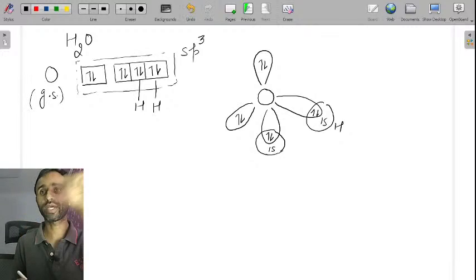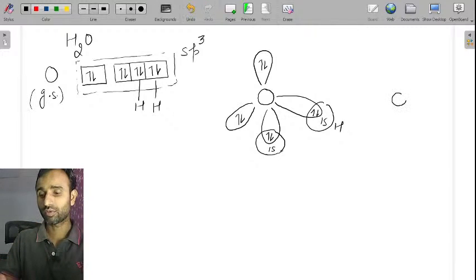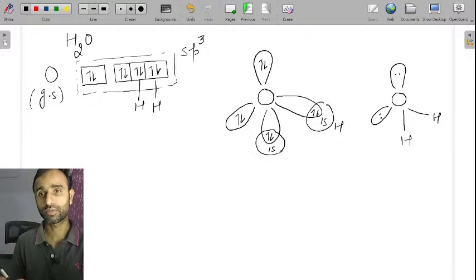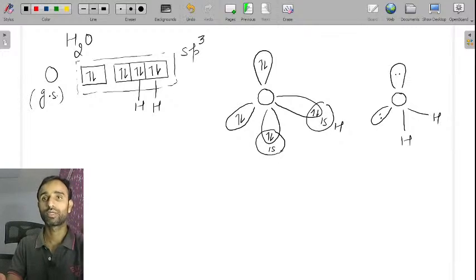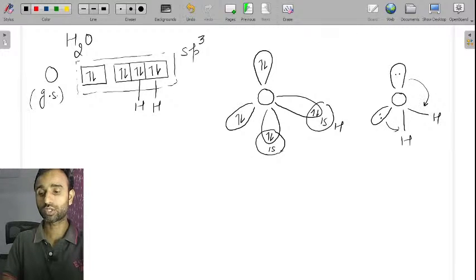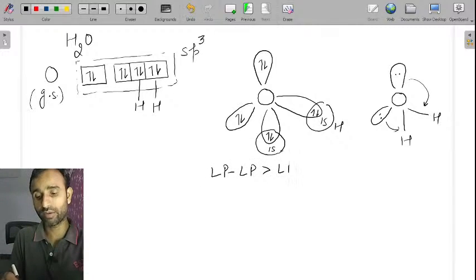So in this way, in water, oxygen has 2 lone pairs and 2 bond pairs. So due to the presence of lone pairs, there is lone pair repulsion, and which repel the bond pairs. So bond pair come closer, because according to VSEPR theory, lone pair repulsion is greater than lone pair bond pair repulsion, which in turn is greater than bond pair repulsion.